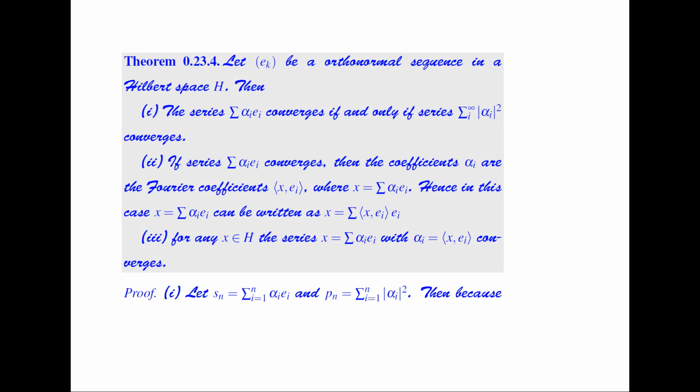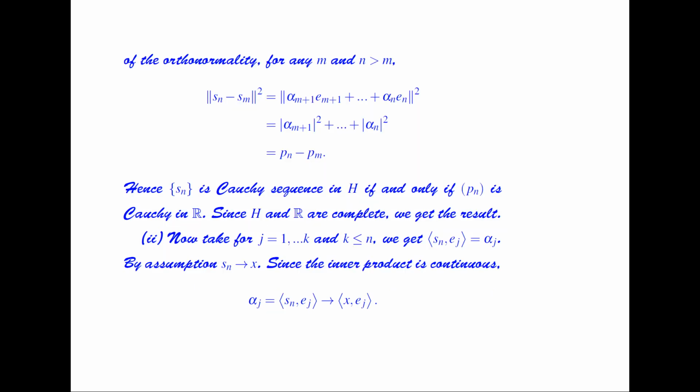So now we will discuss the second part. If the series summation alpha_i e_i converges, then the coefficients alpha_i are the Fourier coefficients. So take j equal to 1 to k, and k less than or equal to n, we get the inner product of S_n comma e_j is equal to alpha_j.